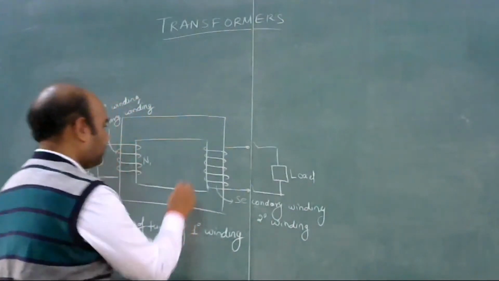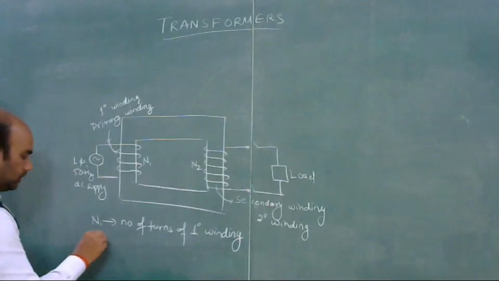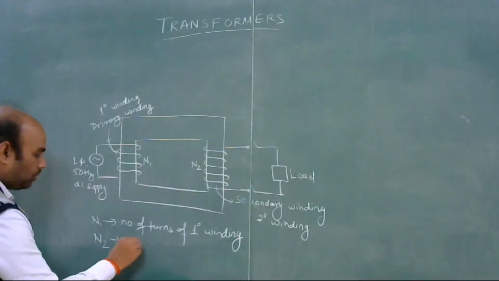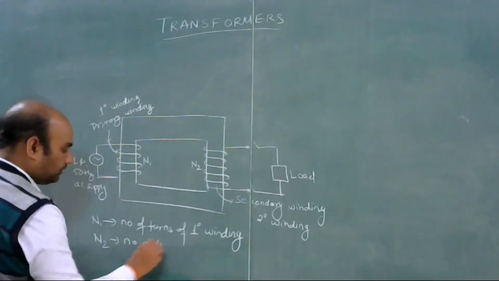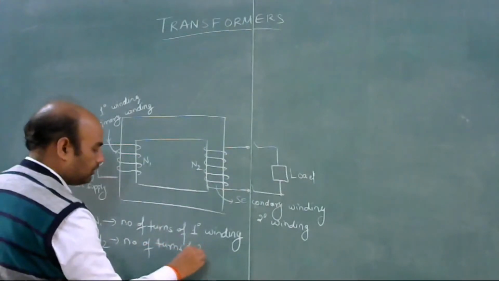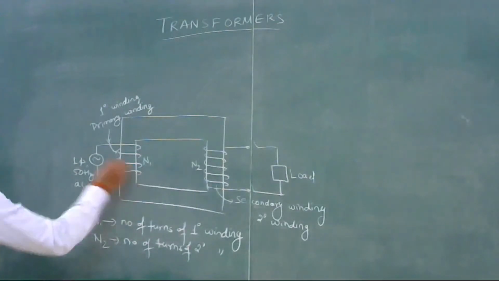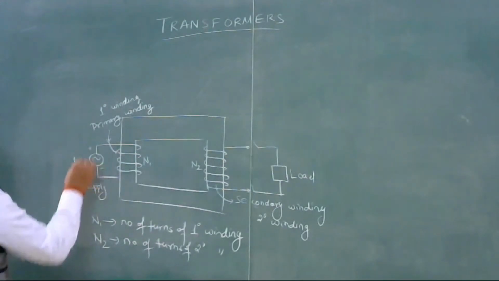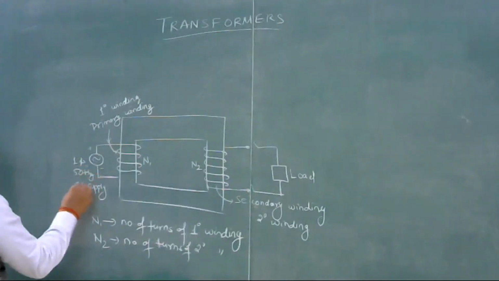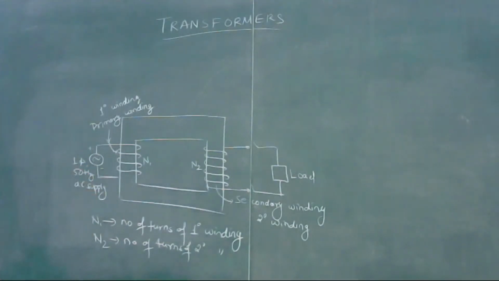Let's suppose it has n2 number of turns, so n2 is the number of turns of the secondary winding. We are energizing the primary with a single phase 50 Hz AC supply. A transformer works on AC supply only.